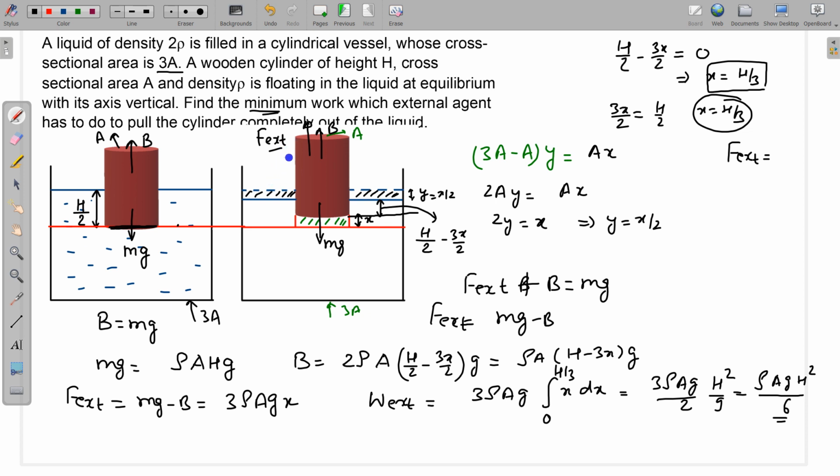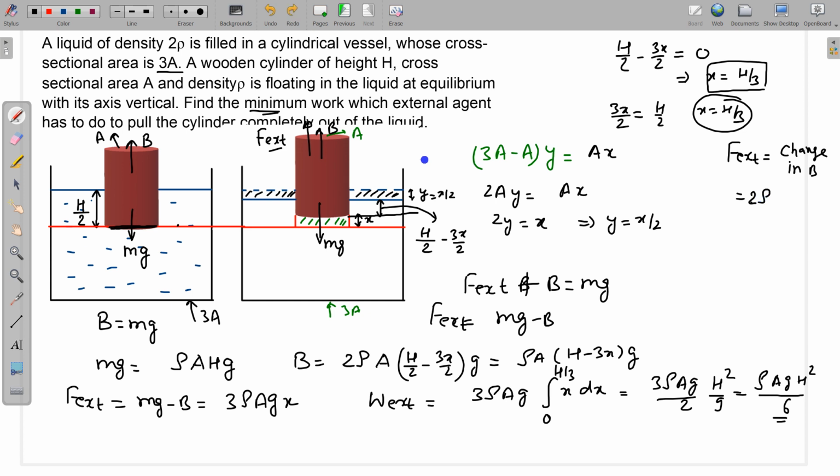Because buoyancy force is decreasing, we have to apply a vertical upward force to pull the cylinder slowly out of the liquid. So f external is equal to the change in buoyancy force, and what is that change? It is equal to the density of the liquid multiplied by the change in the submerged volume.